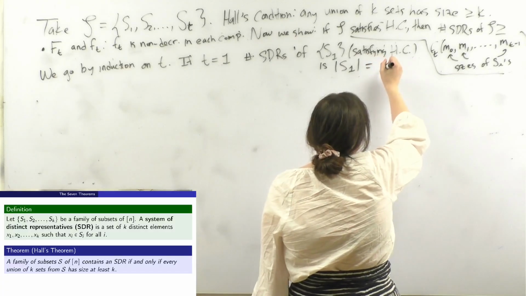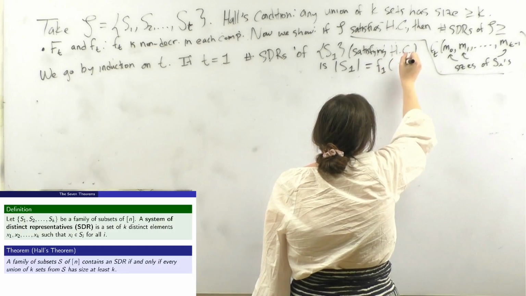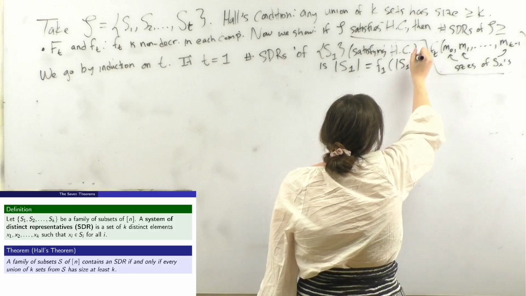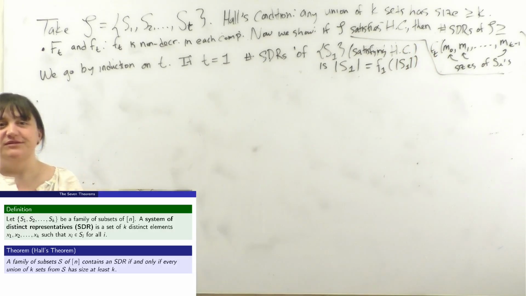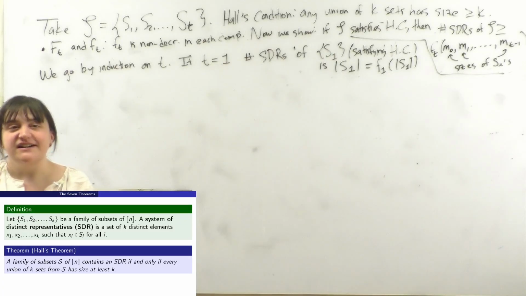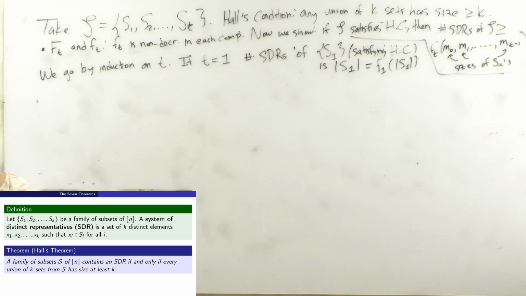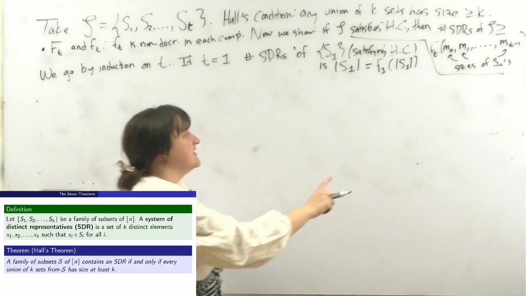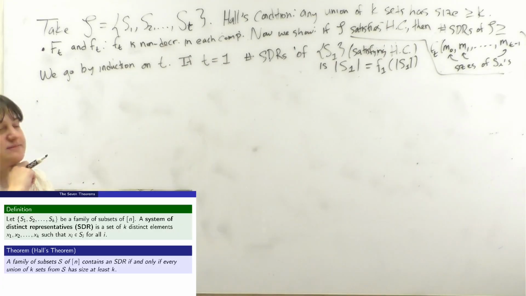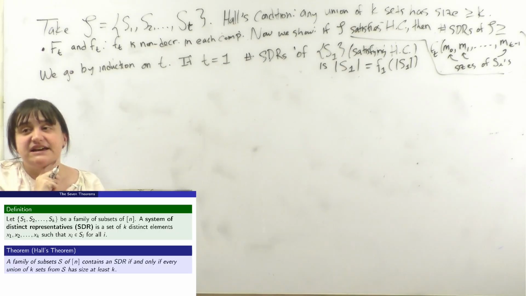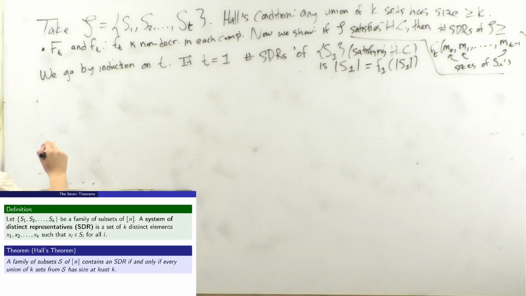And this is what I get if I plug in just one number to f_1, right? That's the non-decreasing order of my sizes. So I take the product with one term, and I take the max of this minus 0 and 1. So I definitely just get the size of my set. Okay, so the inductive base case works out quickly. That's nice.